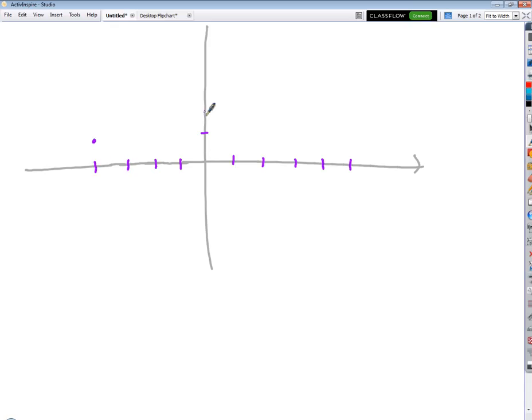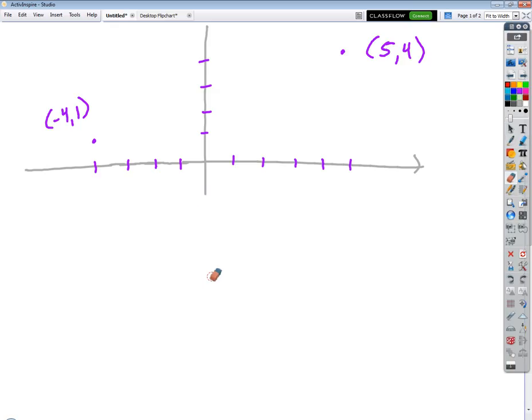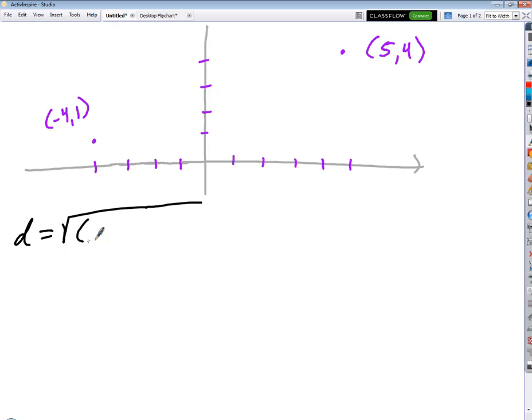How about that one's at negative 4, 1, and this one's at 5, 4. Okay, so we've got this ugly formula called the distance formula, right? I'm going to write it up again, but I prefer you didn't use it this way. Distance equals the square root of the quantity x2 minus x1 squared plus y2 minus y1 squared.